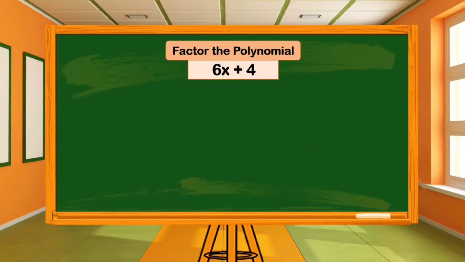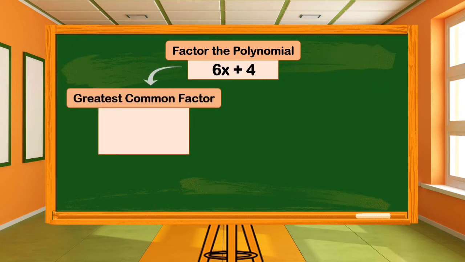First example, let us factor 6x plus 4. The first step in factoring polynomials with common monomial factor is to find the GCF of the polynomial. To do that, let us factor each term into prime factors. For the first term, 6x, we have 2 times 3 times x, and the second term, which is 4, we have 2 times 2. Thus, the GCF is 2.